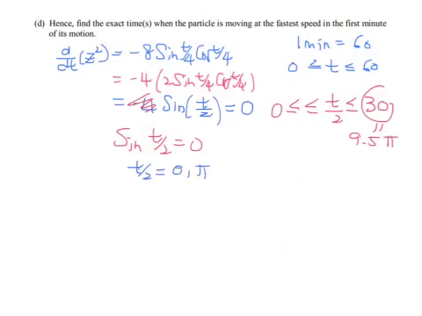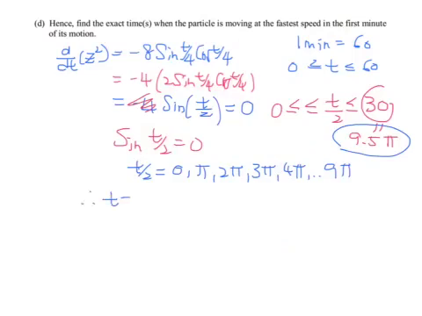I could choose anything that satisfies sine t over 2 equals 0 in intervals of pi, up to 9 pi. I do not write 10 pi because of the upper limit of the domain. So the solutions are t equals 0, 2 pi, 4 pi, and so on until the last one, 18 pi.